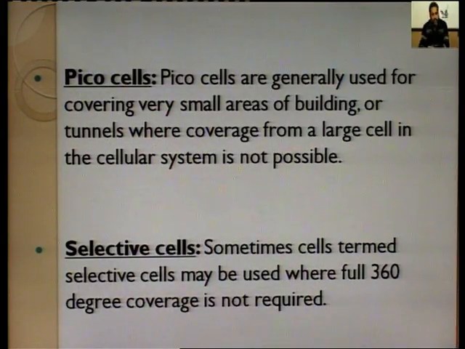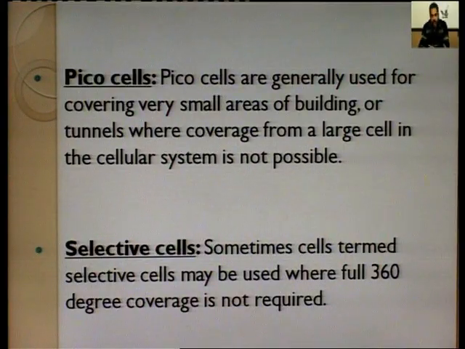Now, what is the definition of pico cells? Pico cells are generally used for covering very small areas of buildings. Suppose in a remote, less populated area, at one place there is a dense population. Suppose there is a large building at one corner or one location of that big cell, or there are, for example, tunnels in an area where coverage from a large cell in the cellular system is not possible.